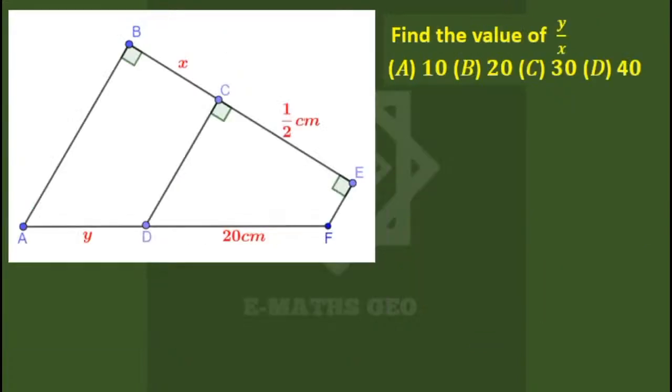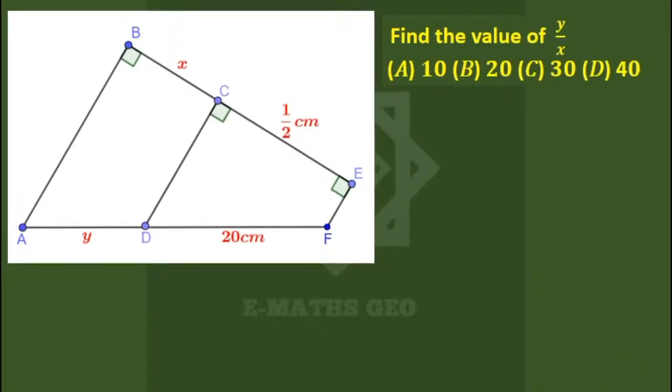Final one on this parallel proportional segment: find the value of y over x. These angles show that these lines are parallel, since they have the same corresponding angles.